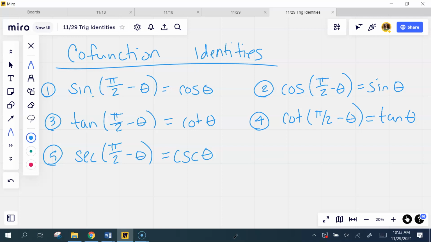That's all it's doing. And then, of course, the cosecant.